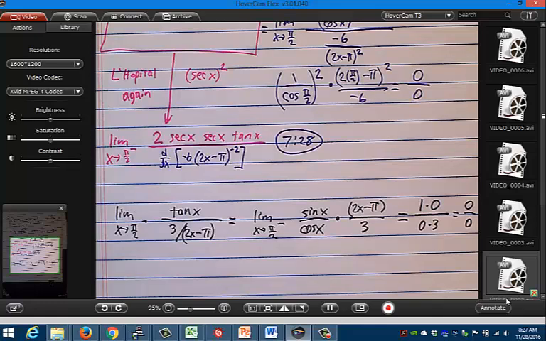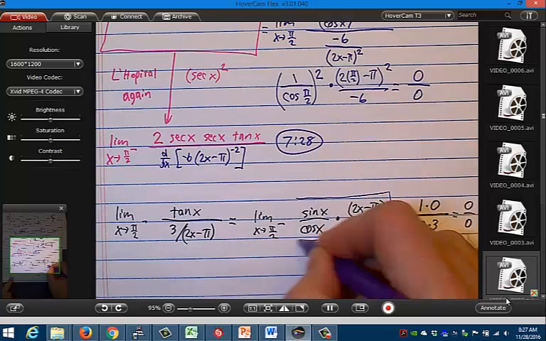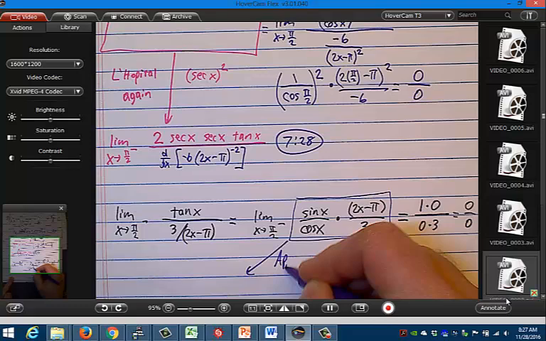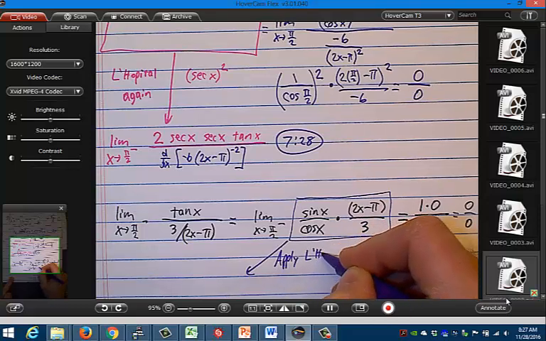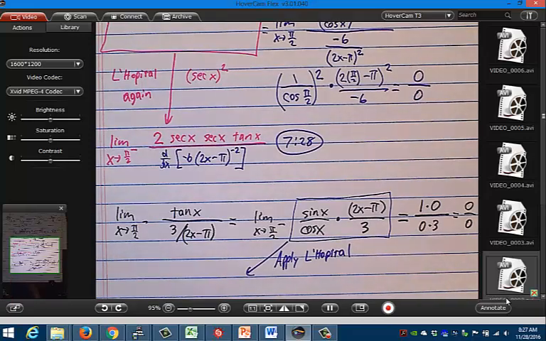But it's kind of interesting because now if we apply L'Hopital's rule to the problem in this format, things work out nicer. So let's apply L'Hopital to that mess there.